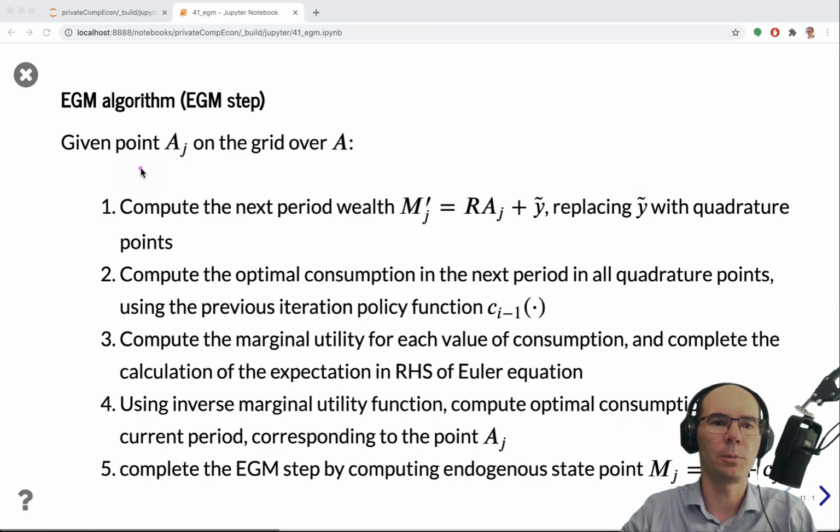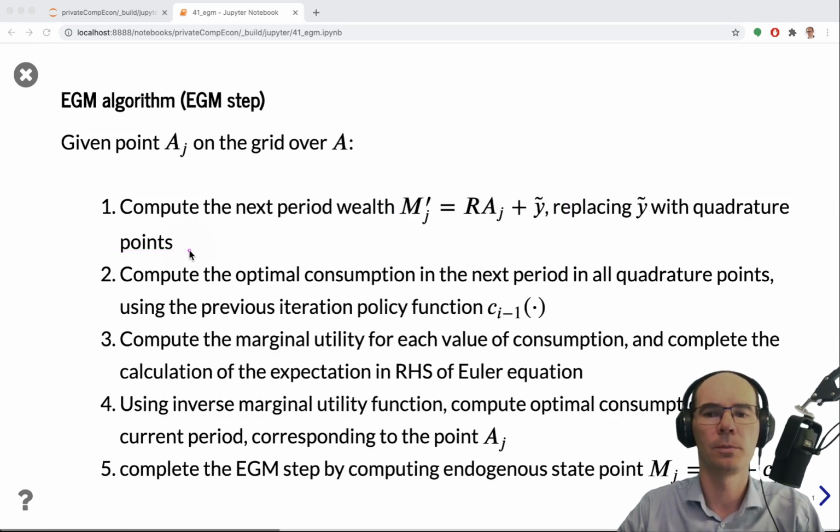So this step is performed for each point a_j on the grid over the savings over A. So first of all, we compute the next period wealth, right? And this is given by the intertemporal budget. And then, of course, if y is stochastic, then we have to replace y's with quadrature points in order to be able to compute the expectation sometime later.